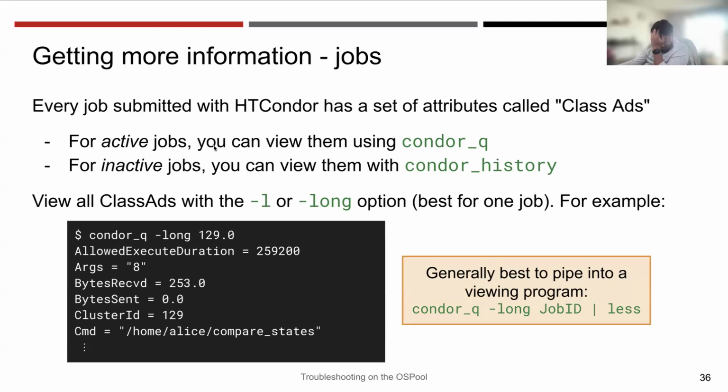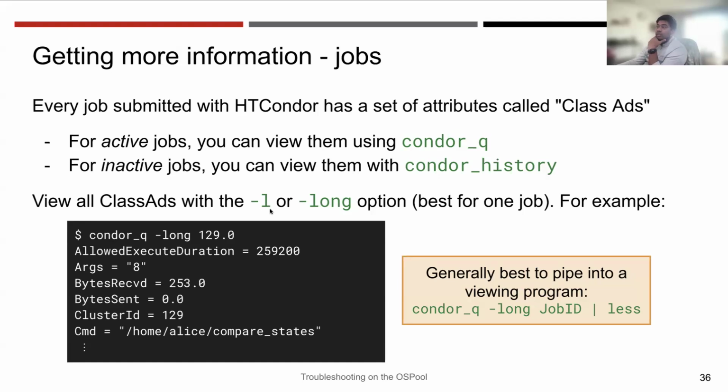Whenever you're submitting a job, your job gets a lot of attributes added to it, and those are what we call class ads. It has information about where it ran, the memory assigned to the slots, machine details, and so on. It probably has hundreds of types of class ads.